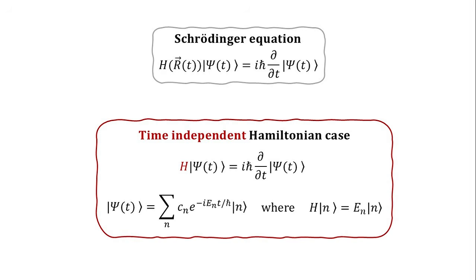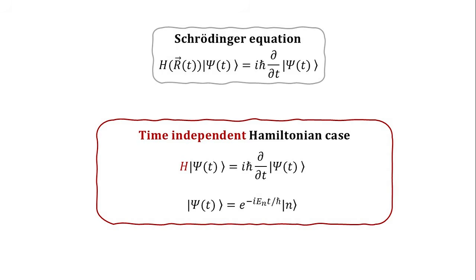For a static Hamiltonian, the wave function psi is expressed as a linear superposition of stationary states. Here, Cn is the probability amplitude, En is the energy eigenvalue, and |n⟩ is the eigenstate. If at t equals 0, the system is in the state |n⟩, it will remain in |n⟩. And the phase that accumulates over time in this case is the dynamical phase.